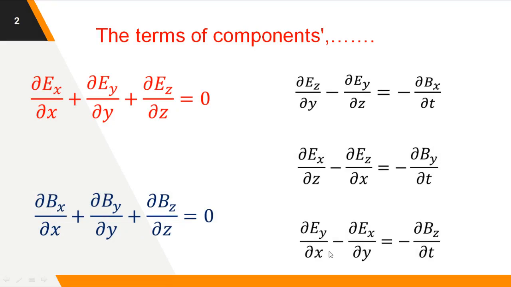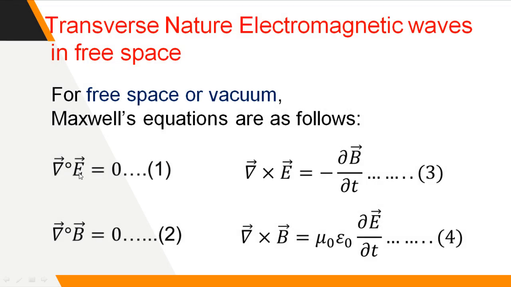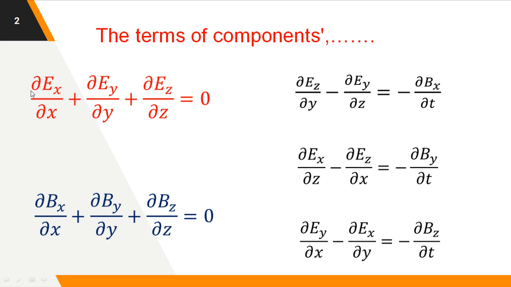Now take the first Maxwell equation, del dot E, and split it: i dou by dou x and so on. So this is i dou Ex by dou x plus j dou Ey by dou y plus k dou Ez by dou z. These are the components, the first equation in terms of components.